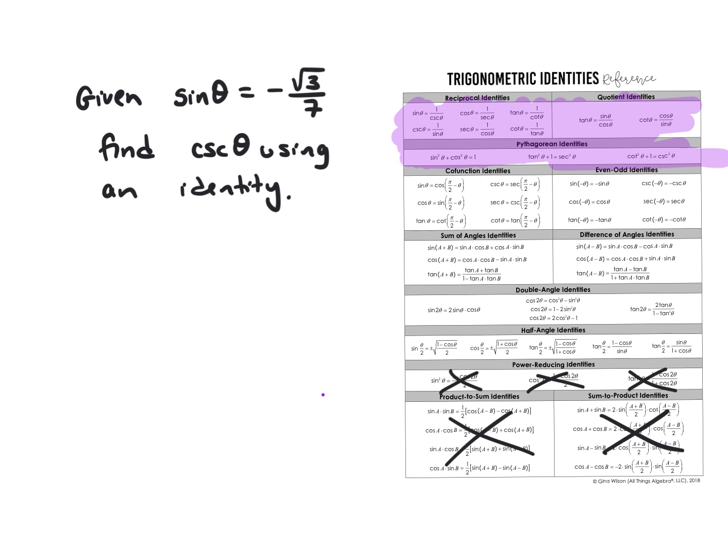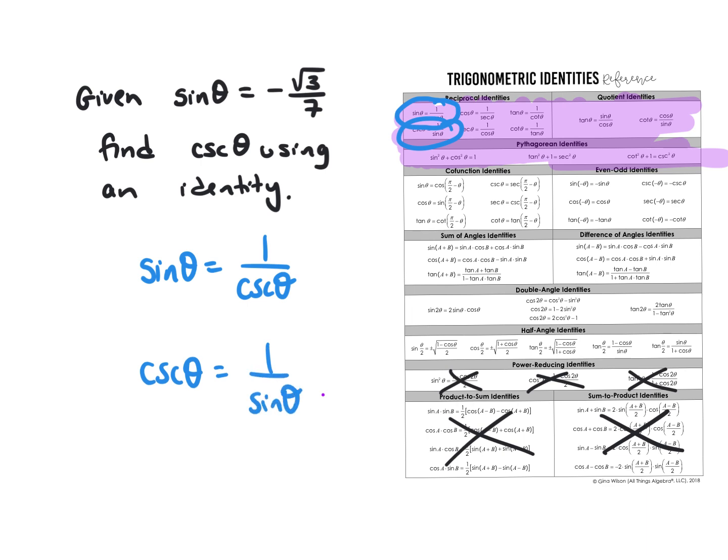For example, this first one says I'm given sine and I want cosecant. So my whole goal is to look on this identity sheet and see which identity relates sine and cosecant, which I think would be this one. So I know sine equals 1 over cosecant, or cosecant is 1 over sine. These are really the same thing written two ways, but the easier way is to use the second one because I am trying to find cosecant.